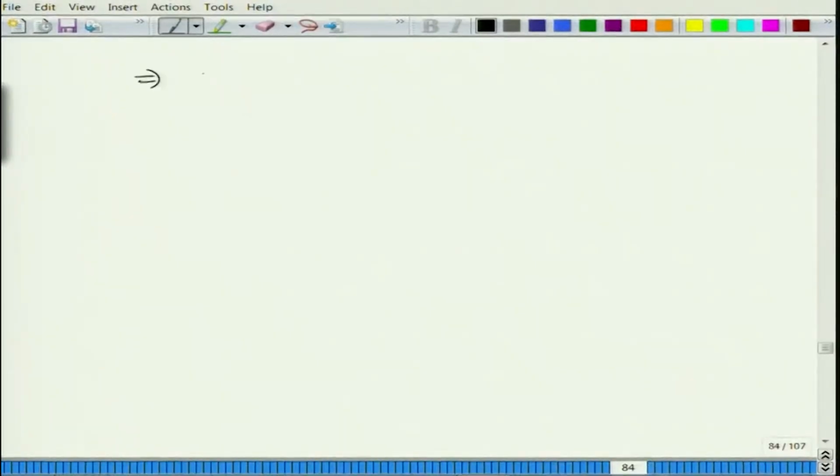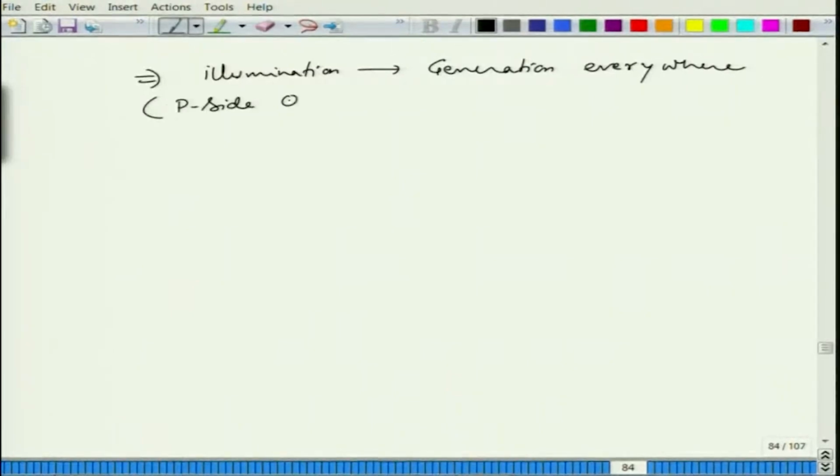Now, whenever we have illumination, this generation will happen everywhere equally. What do we mean by that? We mean the p side quasi neutral region, the space charge region and the n side quasi neutral region.